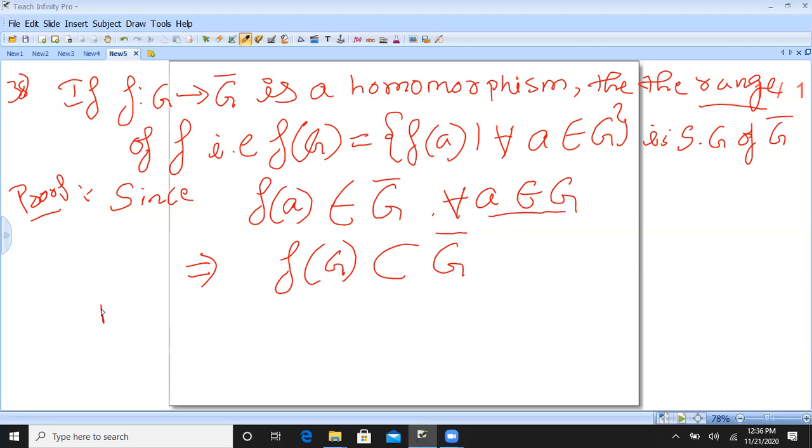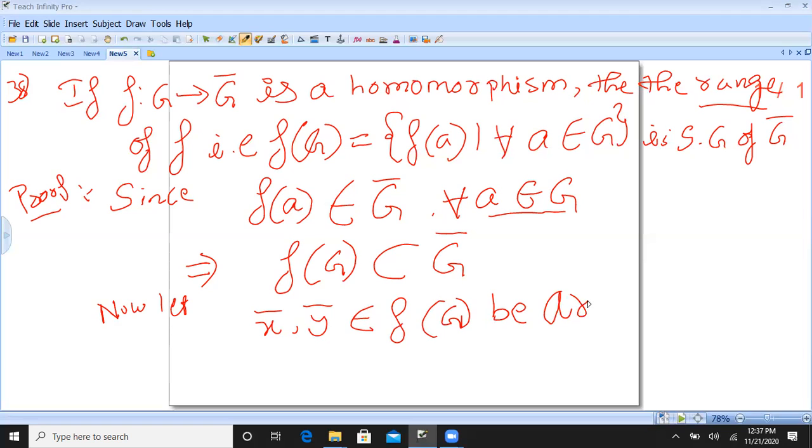Okay, now let us continue. Let x bar, y bar belong to f of G be arbitrary. Consider them arbitrary, don't get confused.